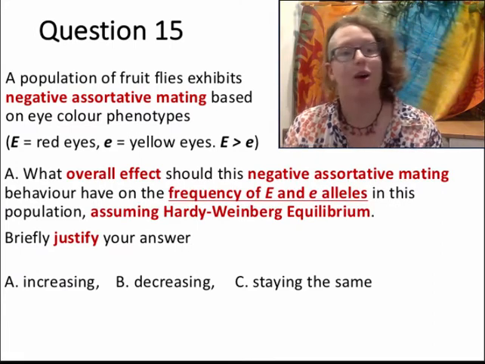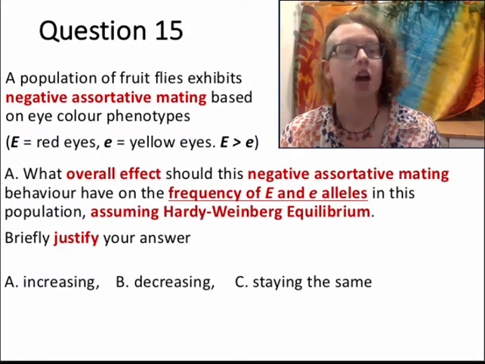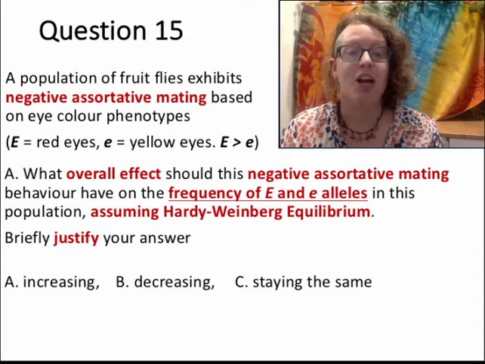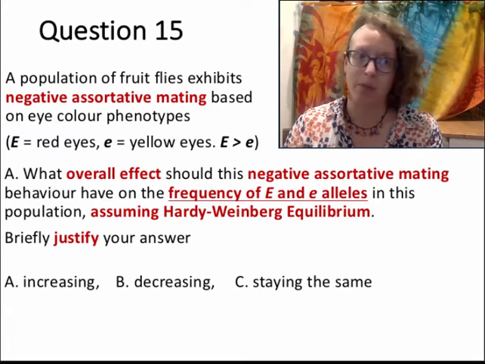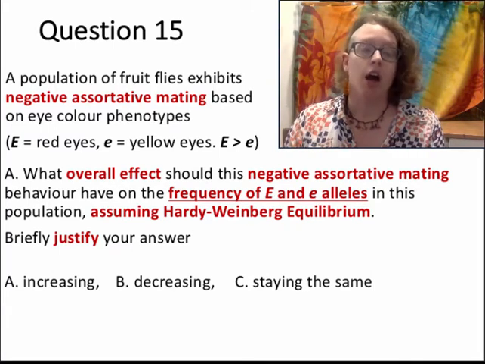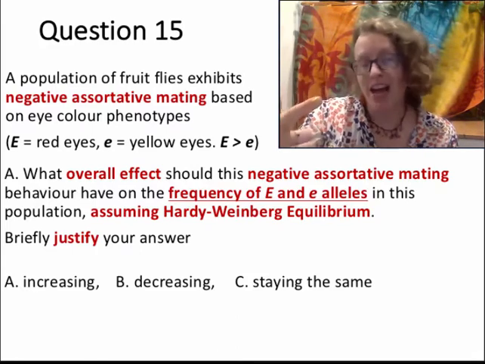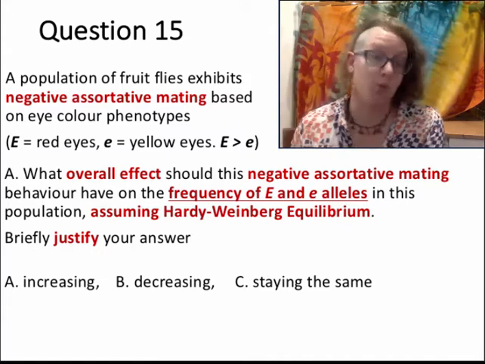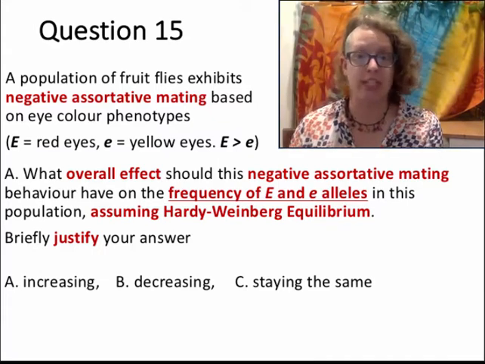Here are the important parts. We're looking at overall effect. We're still talking about negative assortative mating. We're talking about allele frequency, and we're assuming Hardy-Weinberg equilibrium, which means closed system, no active evolution, besides what we're saying. So there's negative assortative mating, nothing else is going on, no funny stuff.